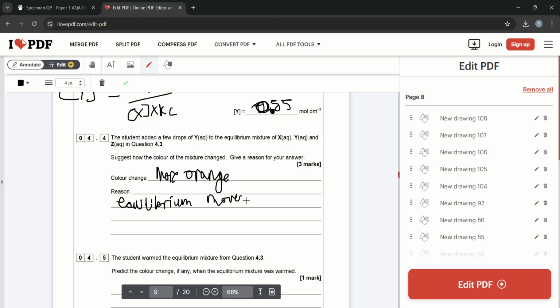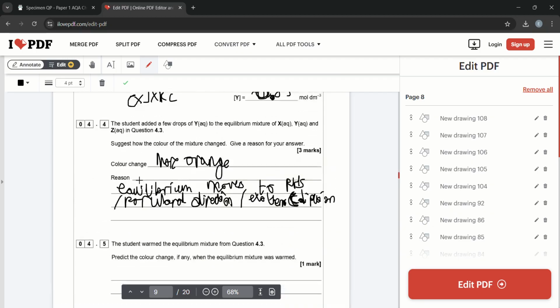moves to right hand side slash forward direction slash exothermic direction, because you know delta H is negative. Don't need to really include exothermic direction because this is about just equilibrium, not increasing temperature, just adding a few more drops. And why does it do this?